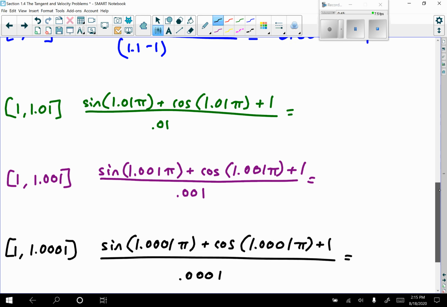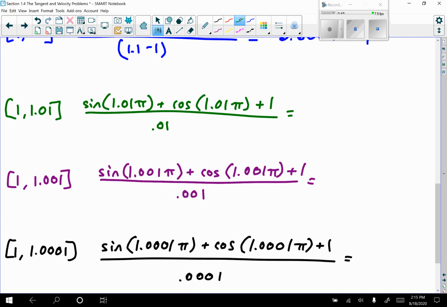Again, pause the video if you need to. But from the interval from 1 to 1.01, we should be getting a negative 3.092.